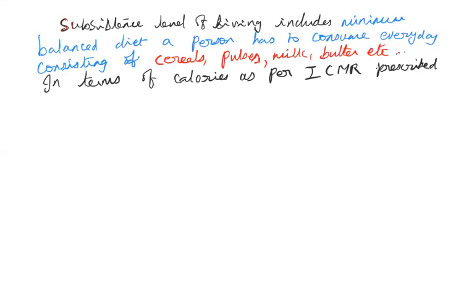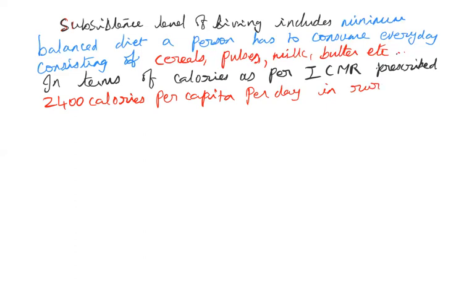So this minimum should be 2,400 calories per person, that is per capita, per day in rural areas, and 2,100 calories per capita per day in urban areas.